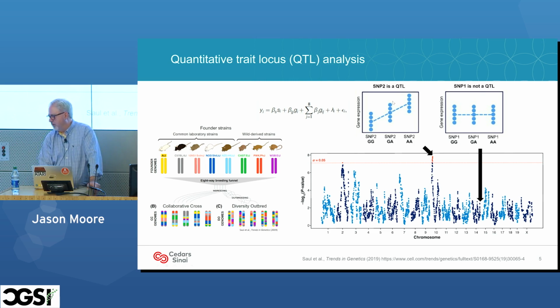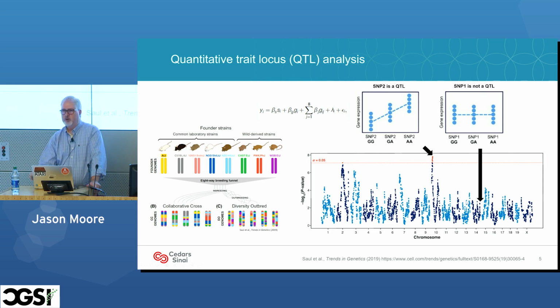So that's shown here in these upper right panels. So here is a SNP with 3 genotypes, and we see a mean change in the quantitative trait depending on genotype. And then the one on the right, there's no difference. So we call this SNP2, we call a QTL, a quantitative trait locus, and SNP1 is not a QTL.